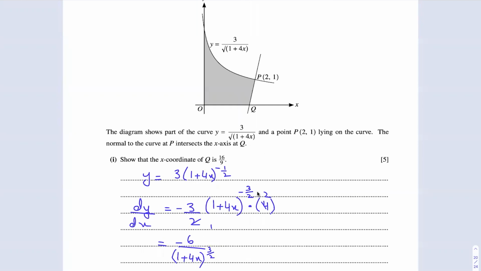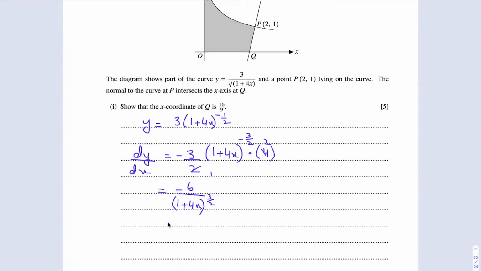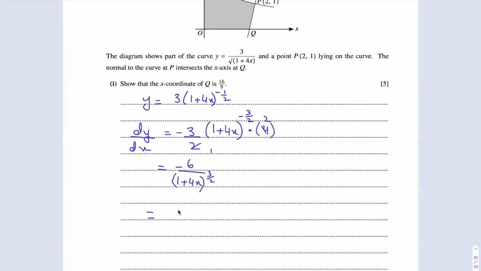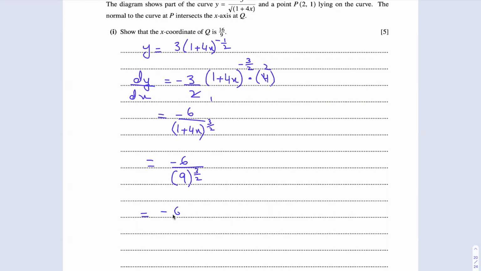P is a point on the curve, so we can use x equals 2. Substituting x equals 2, we get minus 6 upon (1 plus 4 times 2), which is 8. So 1 plus 8 is 9, and 9 to the power 3 upon 2 is 27, which gives us the gradient of the tangent as minus 2 upon 9.